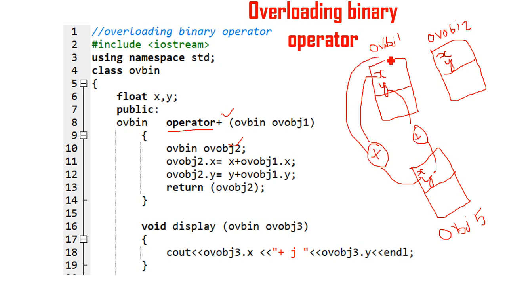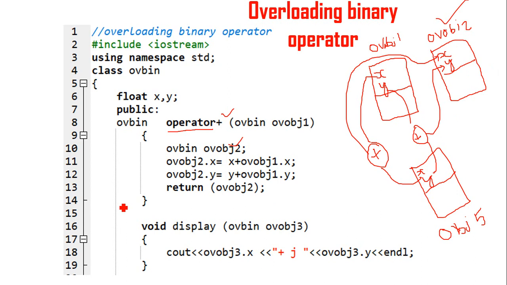The result of this x will be given to this x, and the result of this y will be given to y of object 2. That's the basic concept here. So when it comes out, we get only one object, called object 2. Understand? This object is going to be returned, and it will have the returned value.